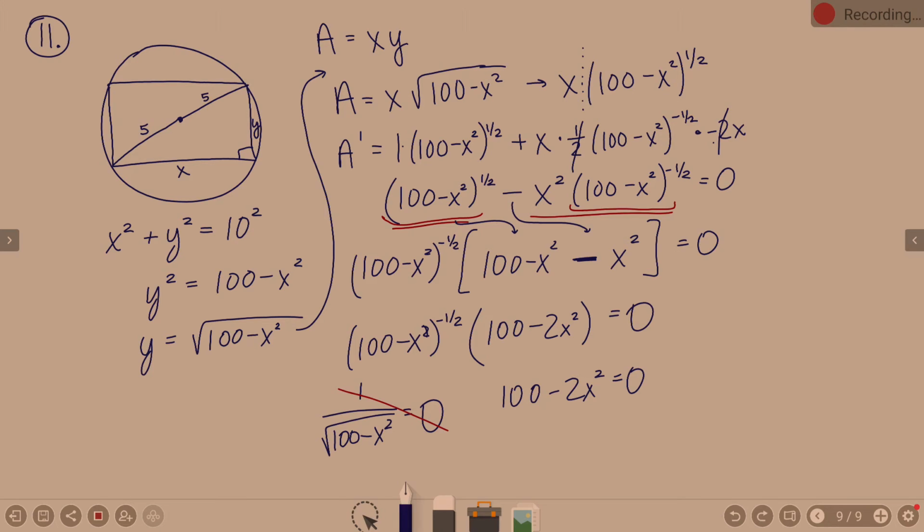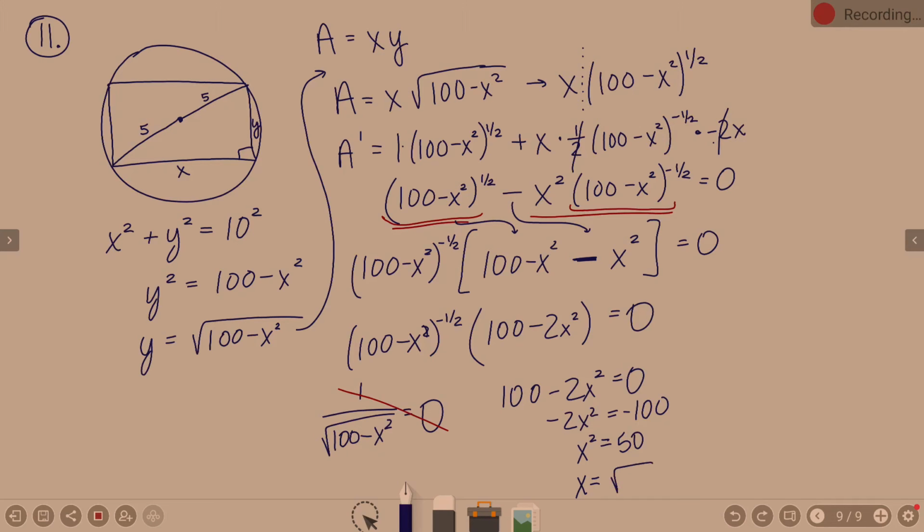If I solve this, negative 2x squared equals negative 100. Divide by negative 2. x squared is 50. If I take the square root, officially x is, I should officially say plus or minus, shouldn't I? However, these are dimensions, aren't they? So the negative's not going to matter. Did I mention the negative on here? See, I didn't even mention the negative on here.